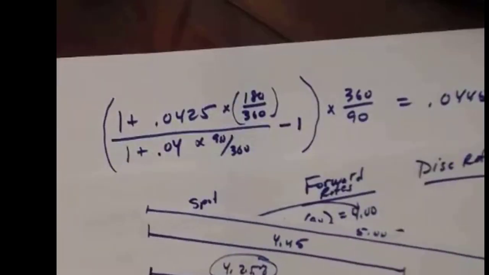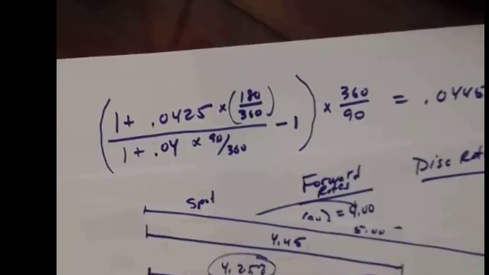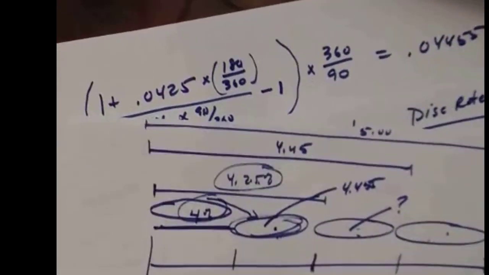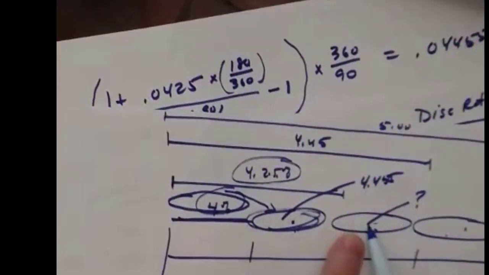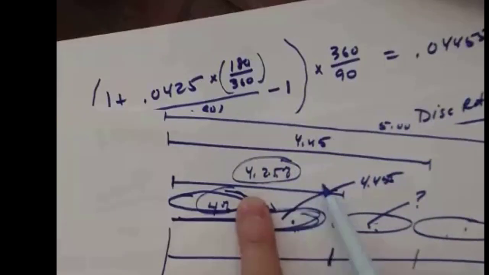This is 4.455, and now we want to know what this one right here is. We're going to calculate this rate by using this 4.45 over a 270-day period and dividing it by this 4 1/4, which covers a 180-day period.